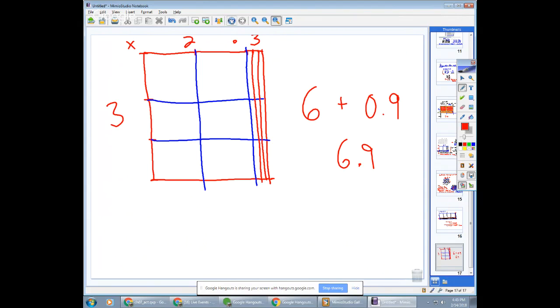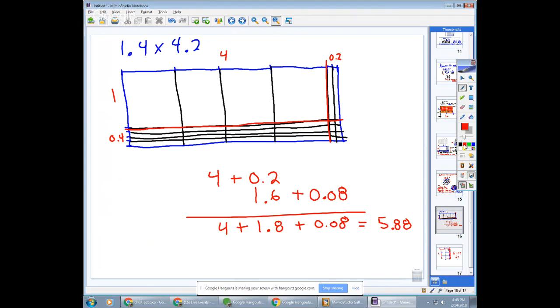And then back to this one right here, the other thing I want to draw in is the standard way of doing it. So 1.4 times 4.2. And I said slang kind of on purpose there, because when we do the standard method, we really don't think about place value until the very end.